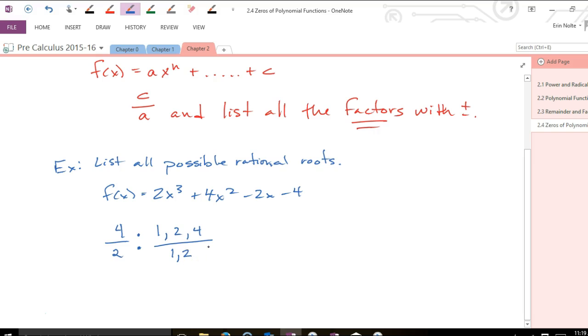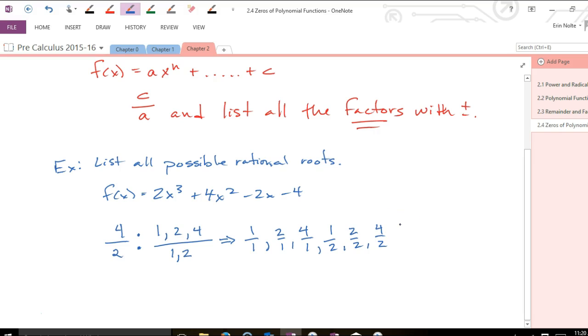So my possible rational roots are going to be all of the combinations that create all these fractions, and then the plus or minus versions of those. So you could have 1 over 1. You could have 2 over 1. You could have 4 over 1. Okay, and then all those same numbers with the 2 on the bottom. 1 over 2. 2 over 2. And 4 over 2.